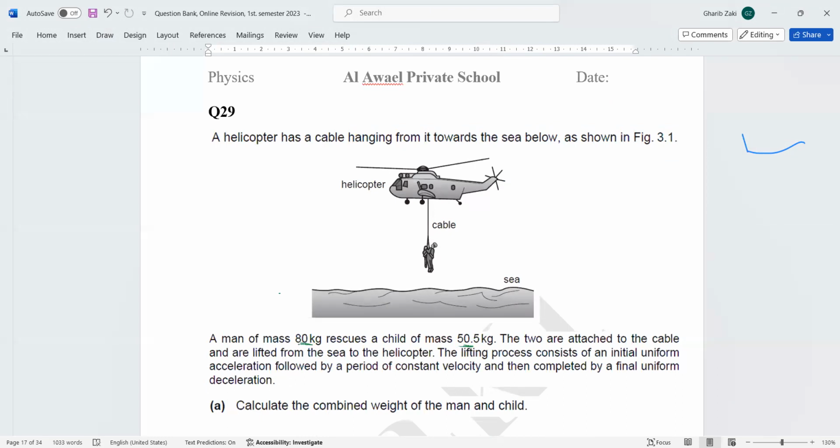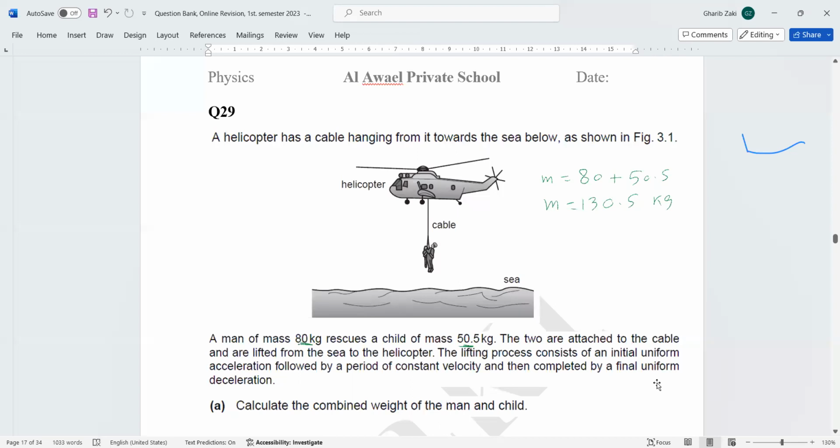So the total mass is the mass of the man, which is 80, plus the mass of the child, which is 50.5. So 80 plus 50.5 equals 130.5. So the total mass is 130.5 kilograms.